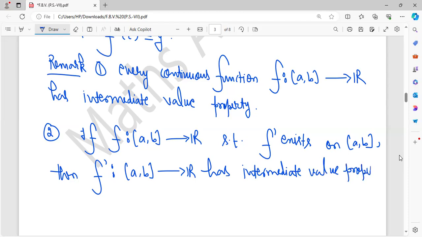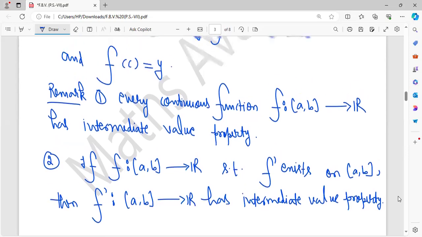A derivative function always has the intermediate value property, whether f has it or not. If f is a function such that the derivative exists, then the derivative function will have intermediate value property. These are the results: a continuous function has intermediate value property and a derivative function has intermediate value property.